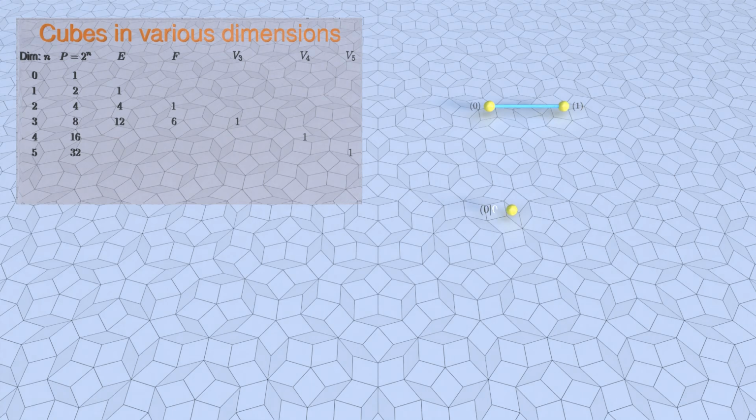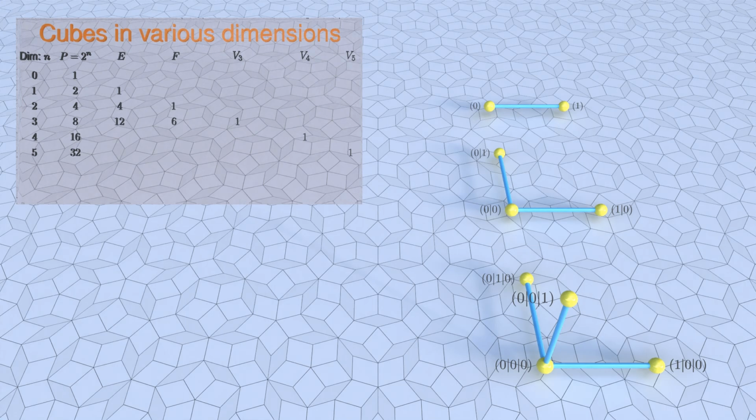In 2 dimensions, each single vertex can connect to 2 edges. This generalizes so that in n dimensions, one single vertex can be connected to n other vertices by edges. But each edge consists of 2 vertices. Therefore, there are n over 2 times as many edges as vertices. In 4 dimensions, there are 32, and in 5 dimensions, we find 80 edges.